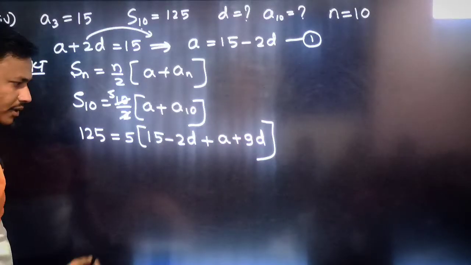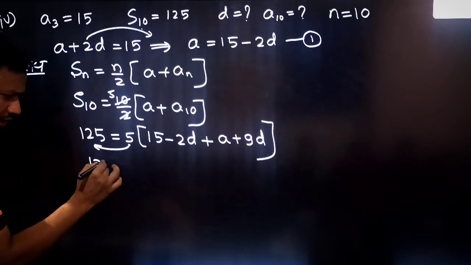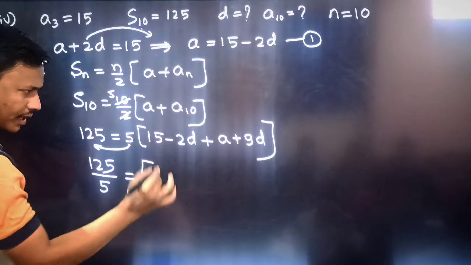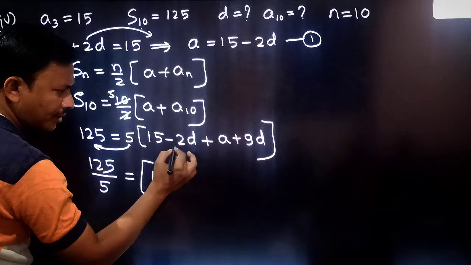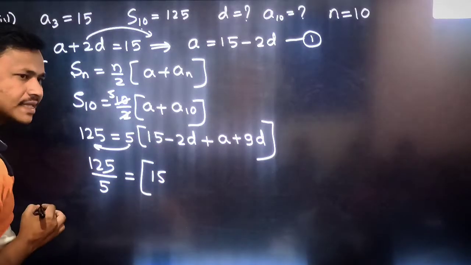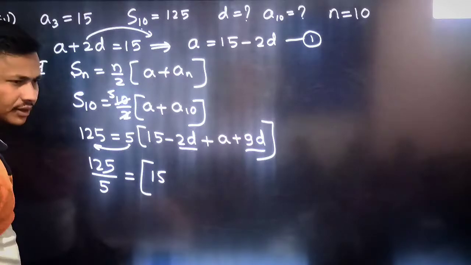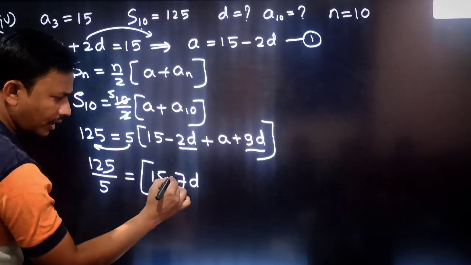Correct? Okay. Into 5 it will become divide. 125 divided by 5 is equal to, in bracket 15 plus 9d minus 2d plus 7d. 9 minus 2, how much? 7d.